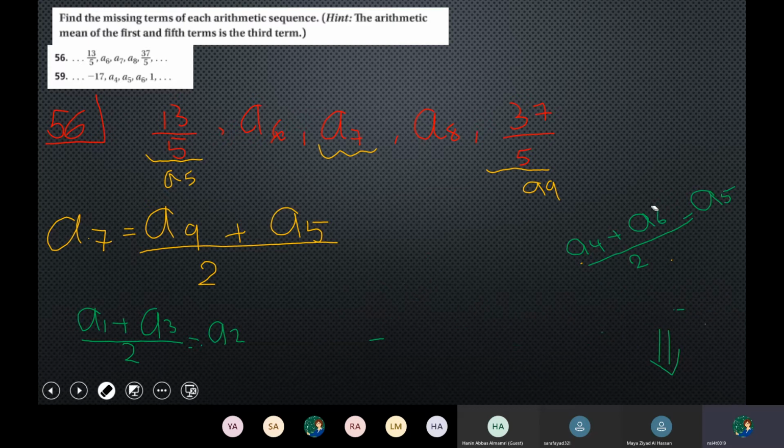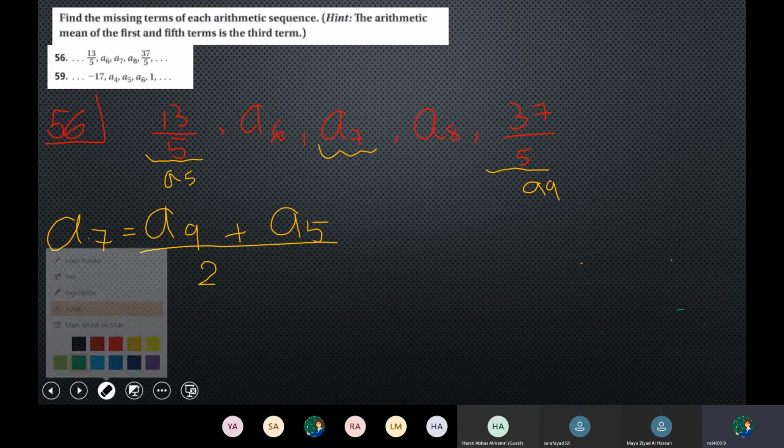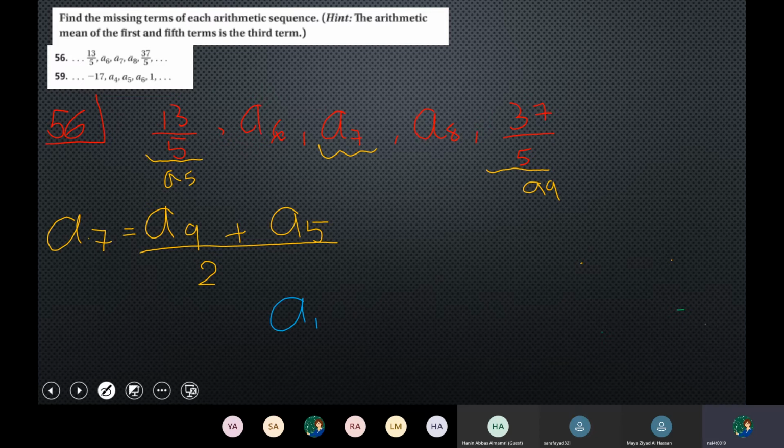But now, if I need to find a sub 2, I add a1 plus a3 over 2. If I want to find a3, I add a sub 2 plus a sub 4 over 2.